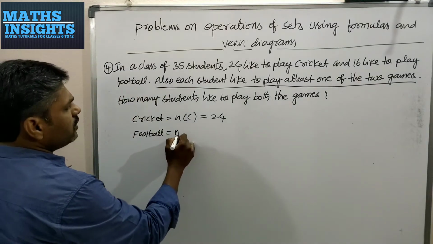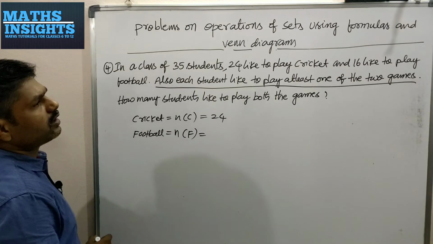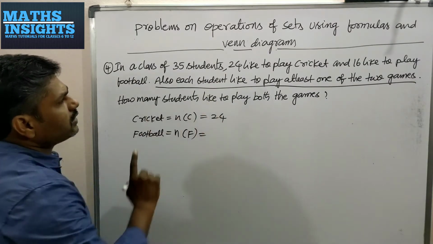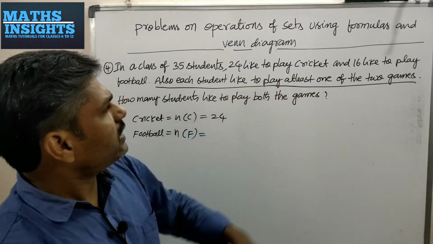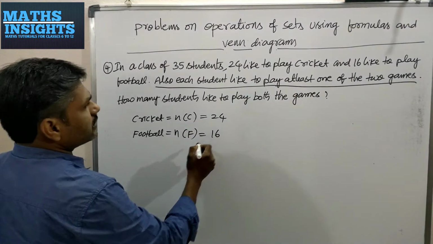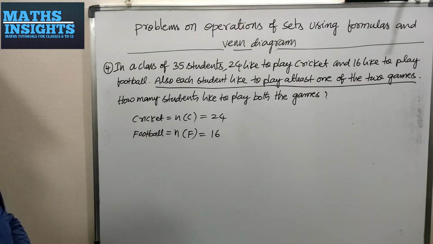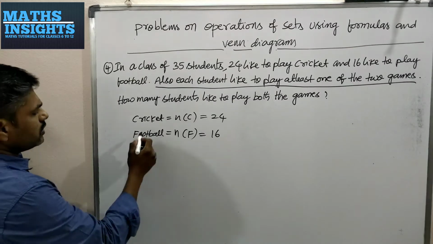Therefore, number of F, you may take that number as 16. 24 like to play cricket and 16 like football.